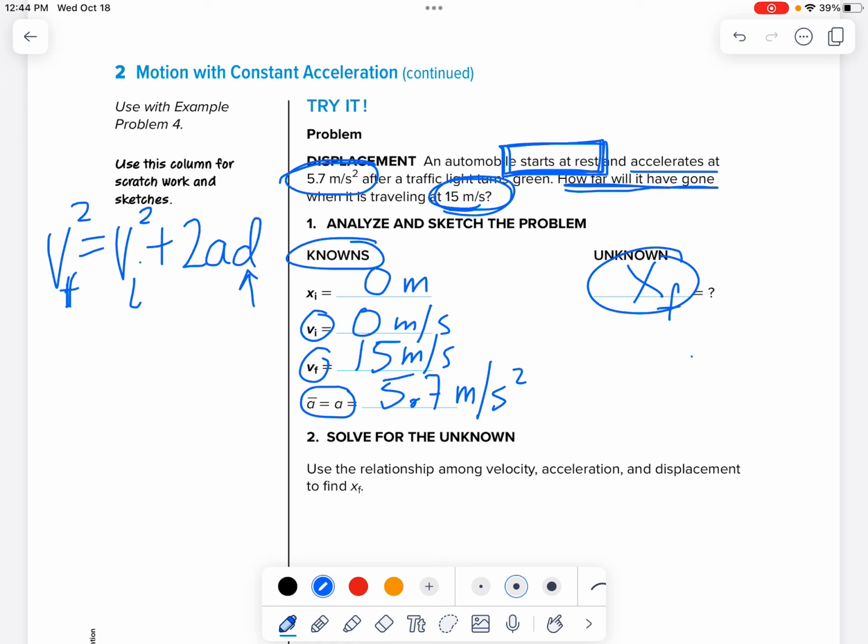There's my x or my d, my distance. There's acceleration. There's my initial velocity. There's my final velocity. That's the equation I want. I'll make sure that you have it on the test. You just have to know which one to choose.